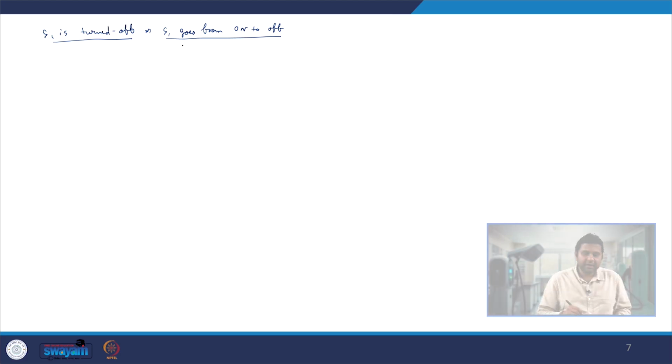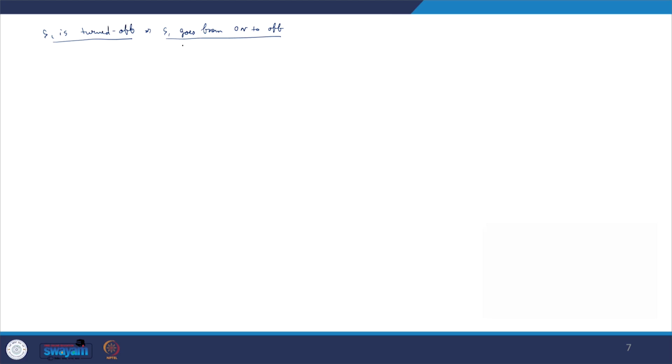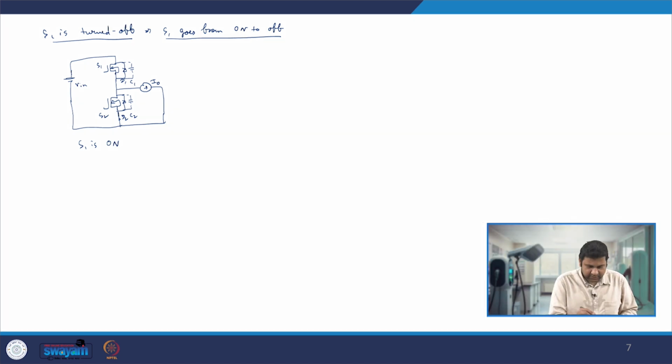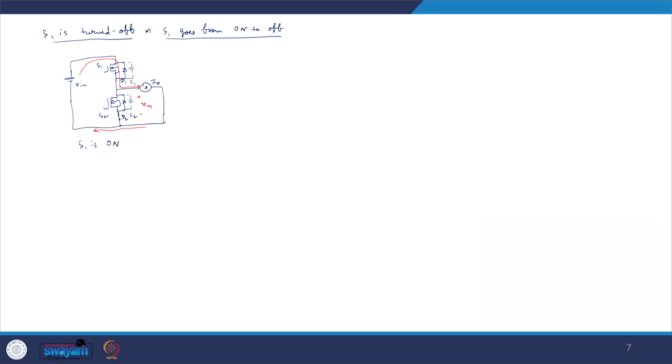Since S1 was on, the current was going from here through switch S1 and coming back here, and S2 was off, and that is when S2 was blocking the Vin voltage.